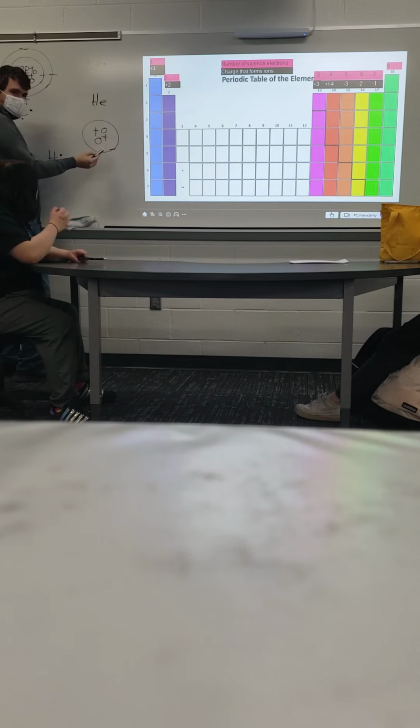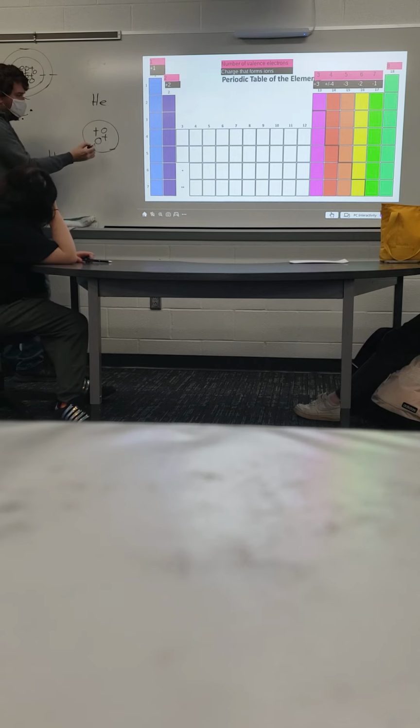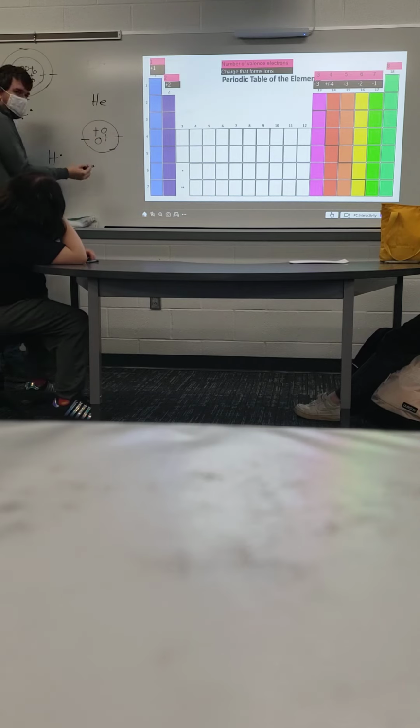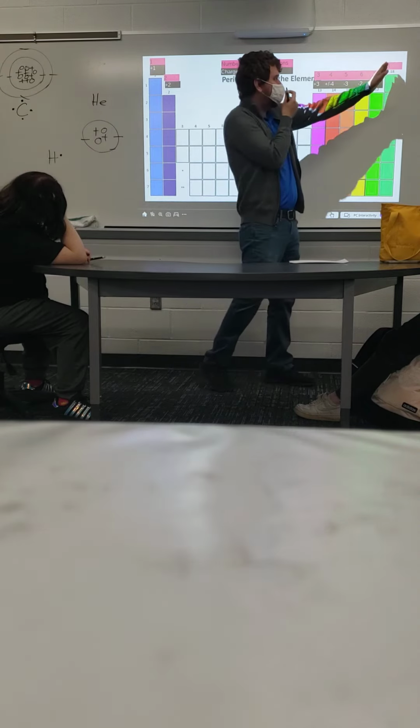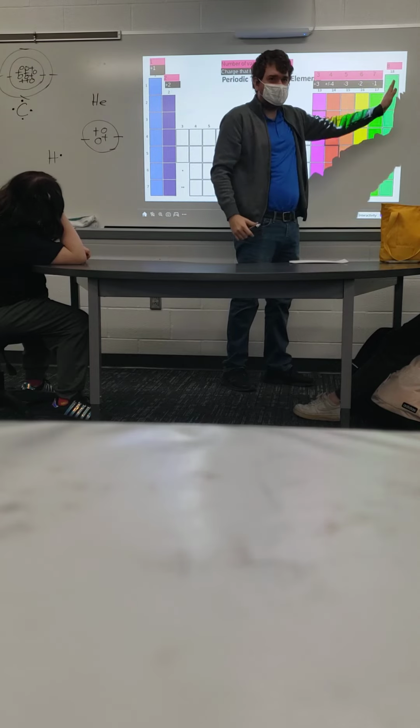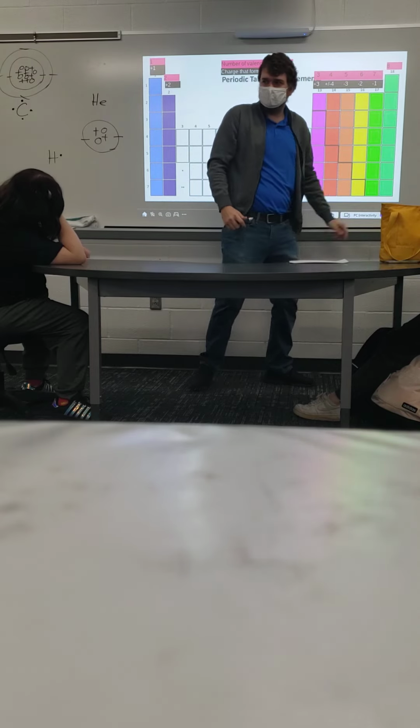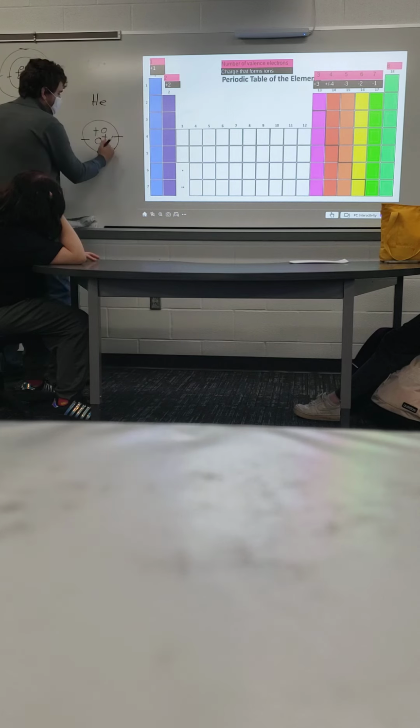So how many electrons is this going to have if it has 2 positive charges? 2 negative charges. Is that outer shell full now? It has a full outer shell, and that's actually why helium is over here. All of these on this side have a full outer shell. Now for helium, that means only 2.